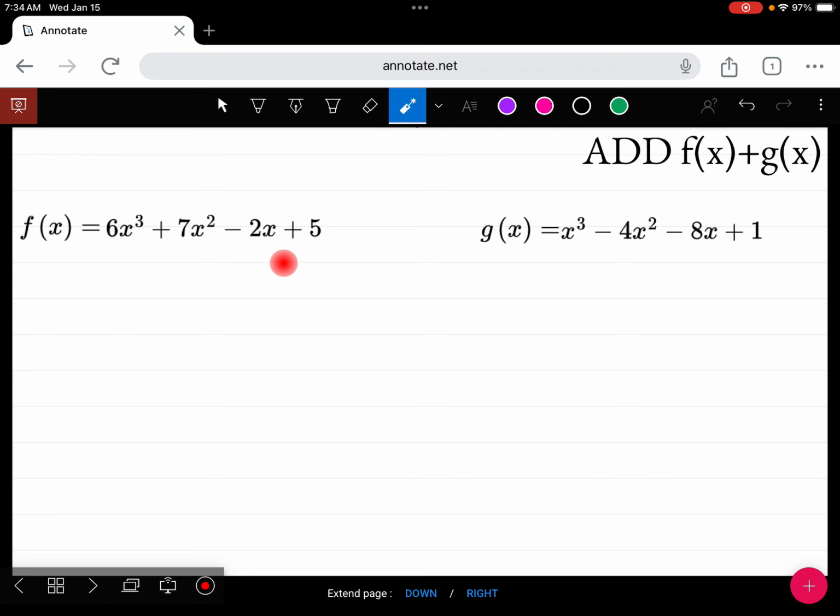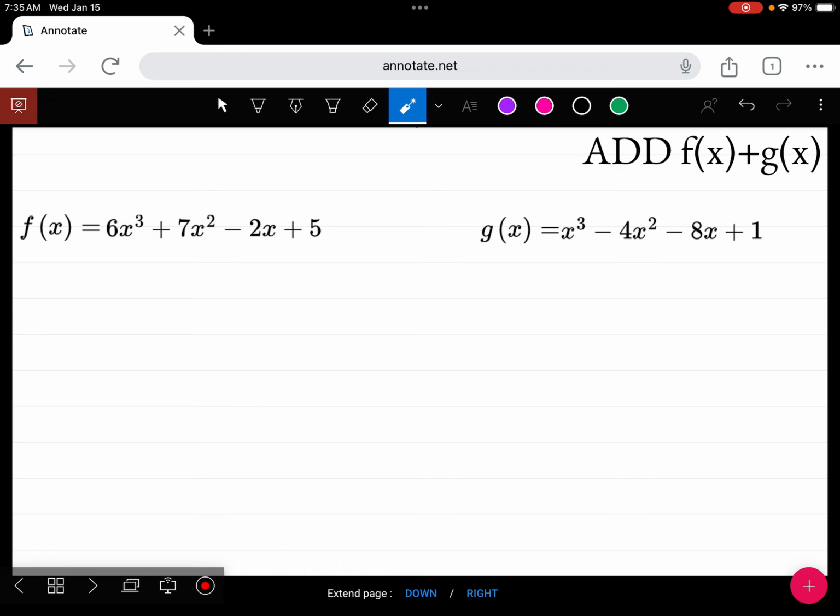So here we have, I'm going to show you, I promise, f of x. Here's our first polynomial, and it is a polynomial: 6x cubed plus 7x squared minus 2x plus 5. That's our first piece. And we're going to add to it my g of x, which is x cubed minus 4x squared minus 8x plus 1. So we're adding these pieces together.